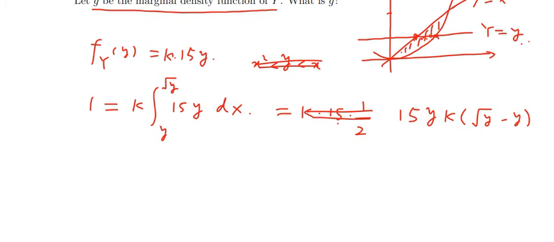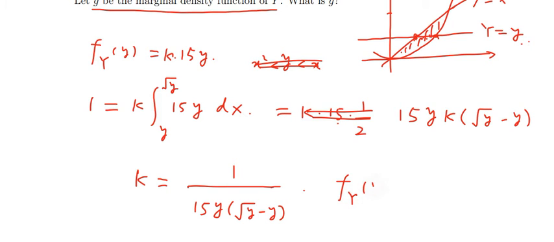So we get k equal to 1 over 15y times radical y minus y. Plugging it in, the function equals 1 over radical y minus y.